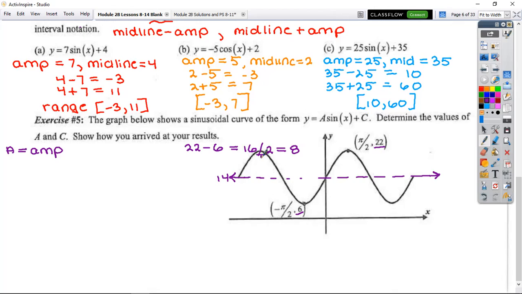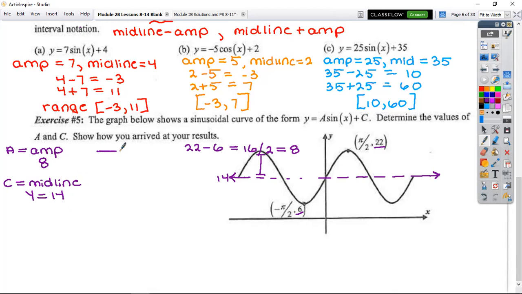So this right here is your amplitude if you want to find it visually. So from 14 up to 22, that's going to be 8. And then your midline equation right here, that's going to be y equals 14. So C is equal to your midline, which just occurred at y equals 14.